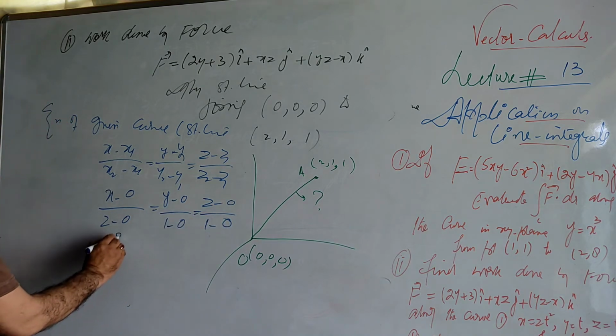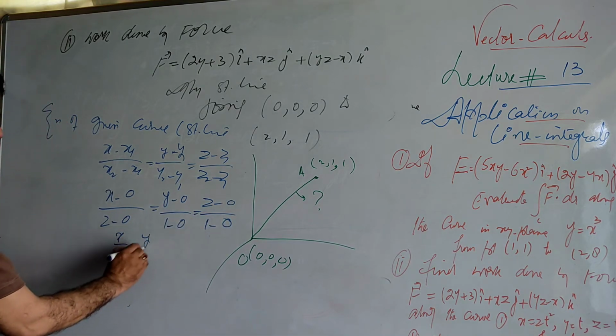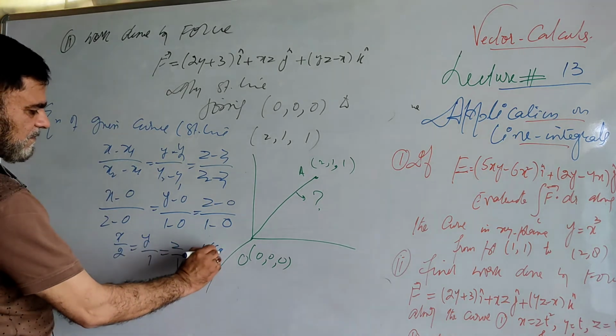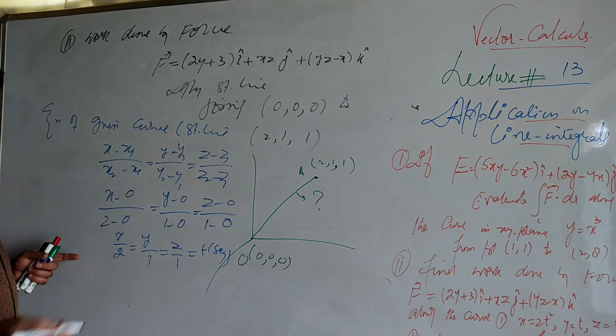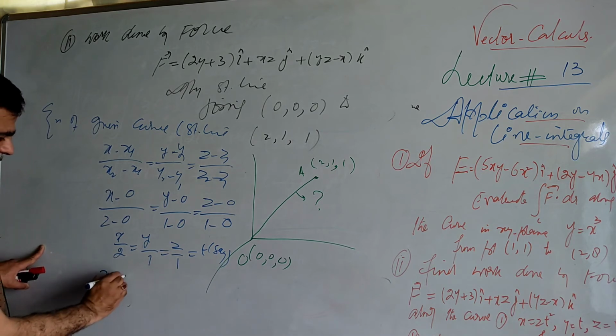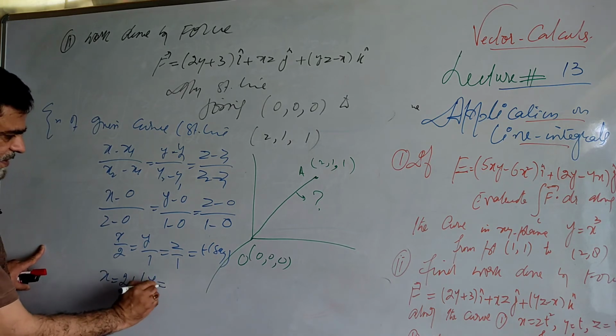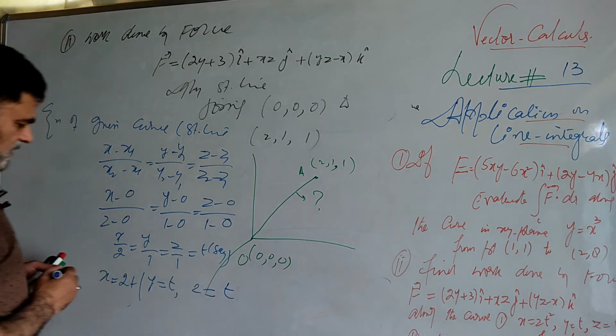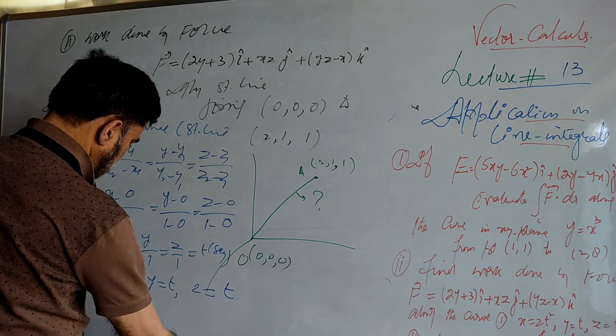So this gives you x by 2 is equal to y by 1 is equal to z by 1 is equal to t, say. Again you are in the previous form. That gives x is 2t, y is t, and z is t. So you are doing this in the previous way.